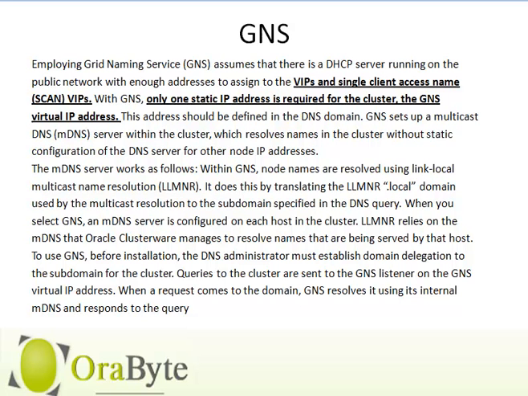And as we just saw, this multicast DNS will be running on each node of the cluster. And this MDNS is used to resolve names in the cluster without static configuration of the DNS server for other node IP addresses.